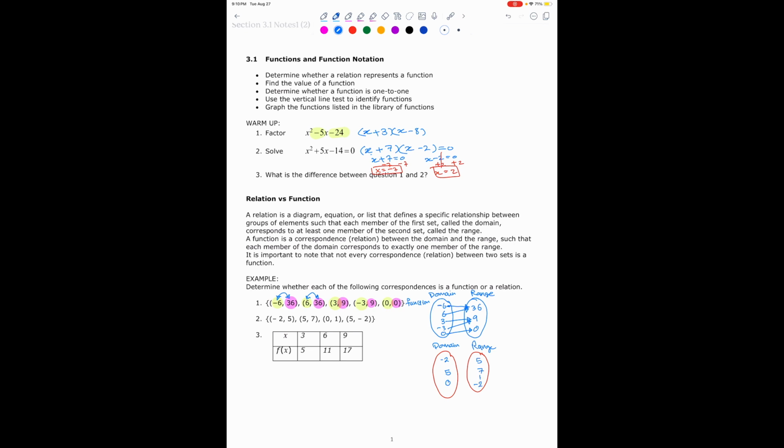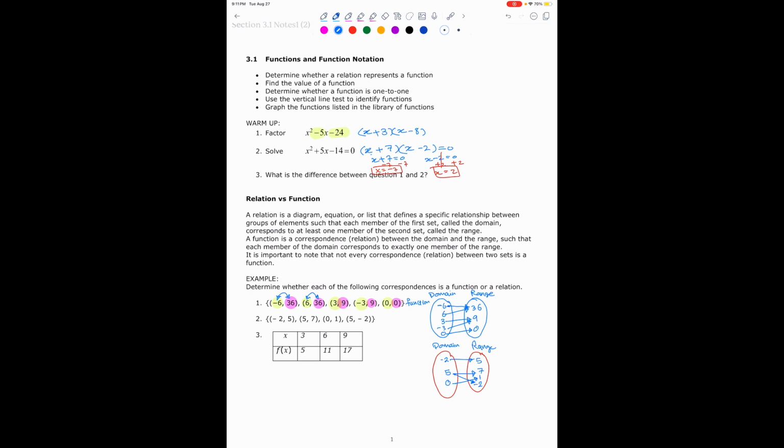Now we're going to connect them. So -2 is mapped to 5, 5 is mapped to 7, 0 is mapped to 1, and 5 is mapped to -2. So you see the problem there.